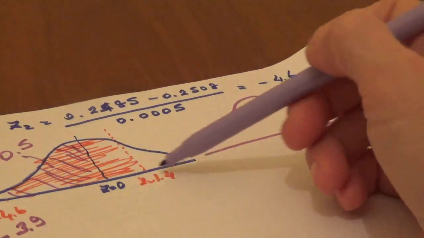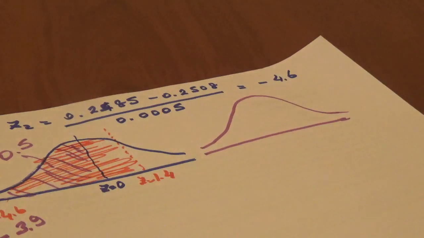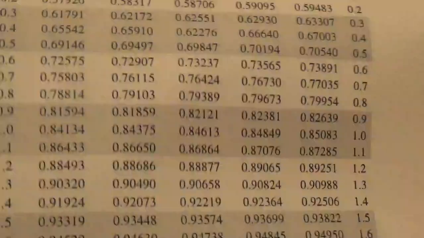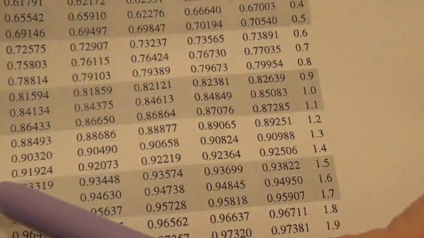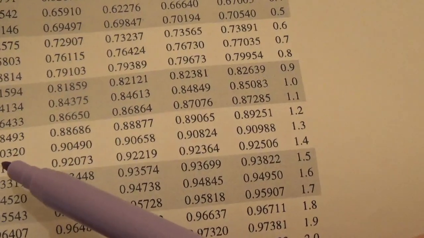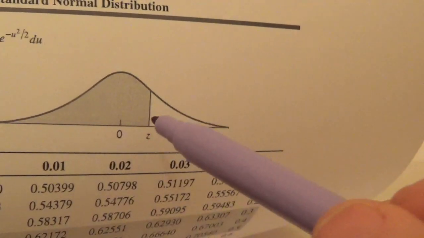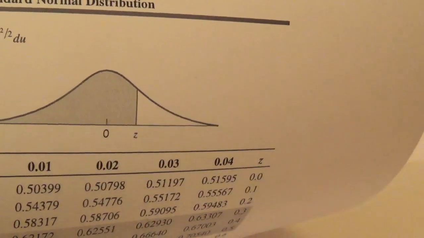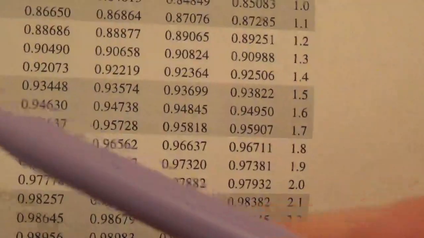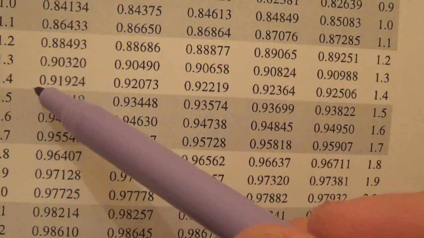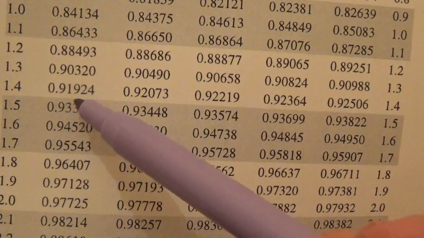Actually, we can read this value from the table. Let's read it from the table. So here we have 1.4. The value is this, which is the area under this curve. So the whole of the area we would like to have. Actually, that's the answer for this part. 1.4 is 0.91924.